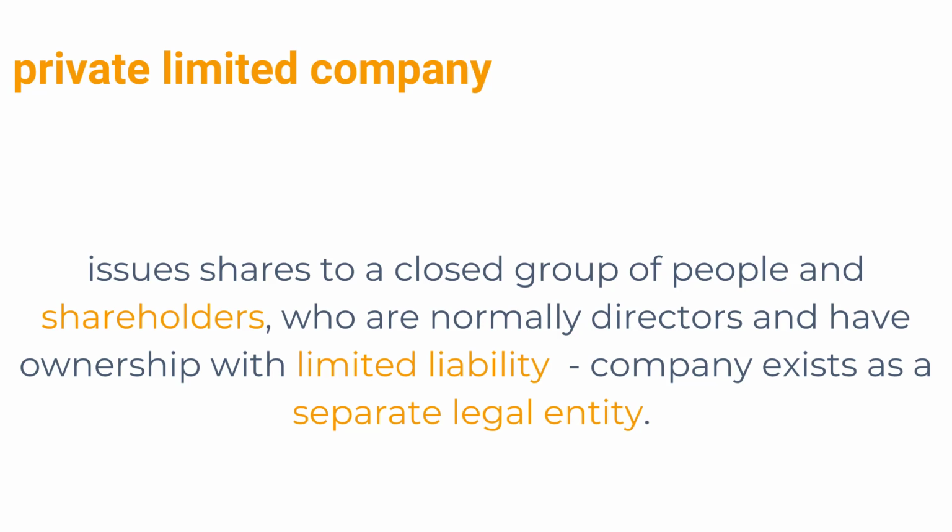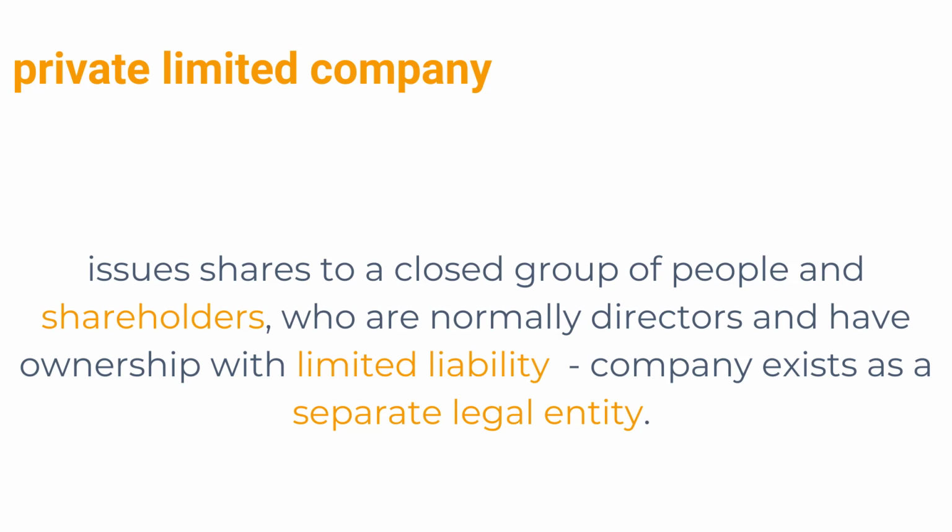Now, a company can then become a limited company. And limited companies are all to do with limited liability. And first of all, we've got a private limited company. And a private limited company is a company that issues shares in the company, but the shares are issued to a closed group of people and shareholders.